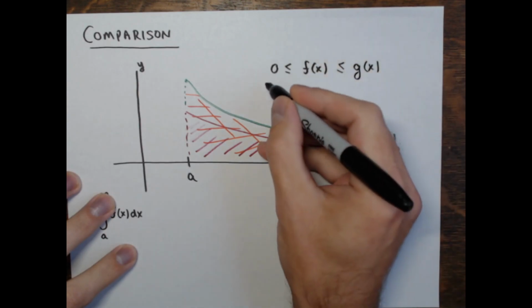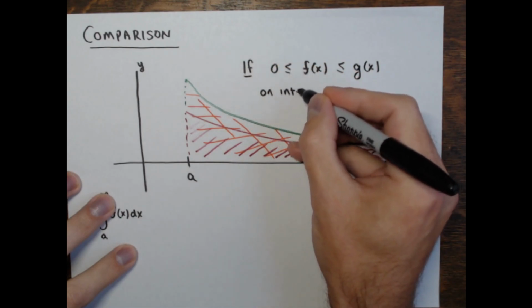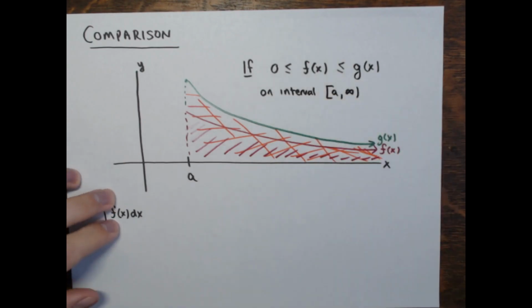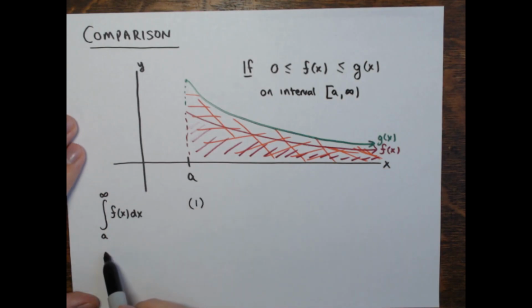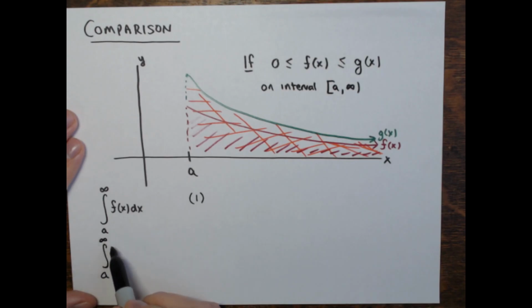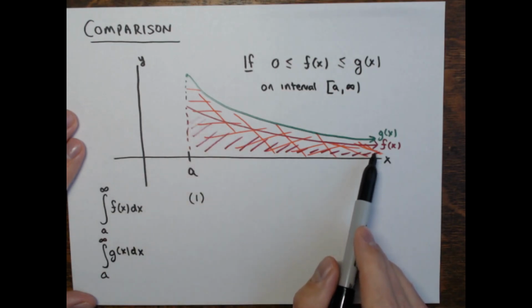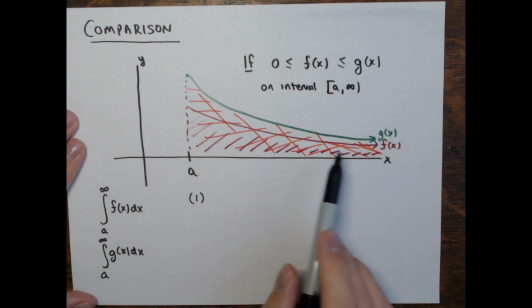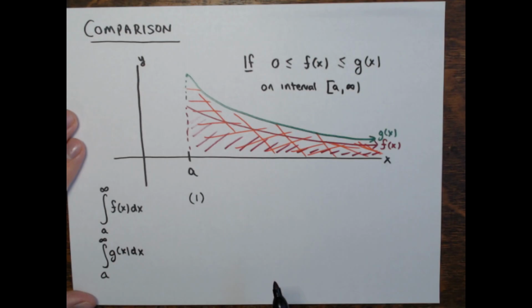So if this is happening on the interval from a to positive infinity, one, if the smaller area, the area under f, diverges, then the larger one must diverge. If that has an infinite limit, the larger one must be infinite as well because it's even bigger.